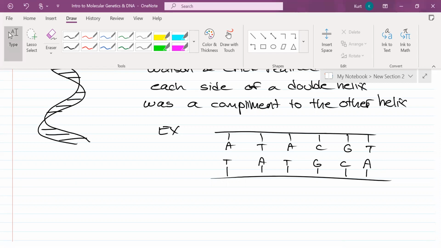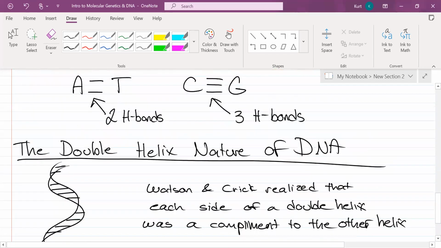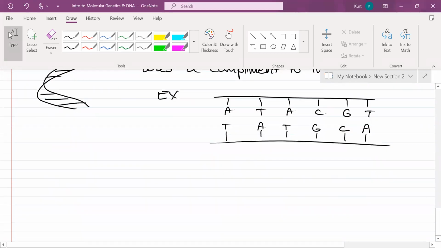I told you first off, he realized that adenine is bonded to thymine and cytosine is bonded to guanine. That's a no-brainer. So return to Chargaff's Rule.